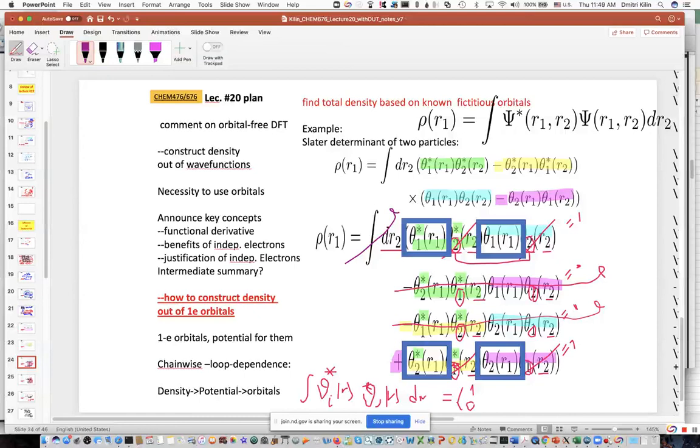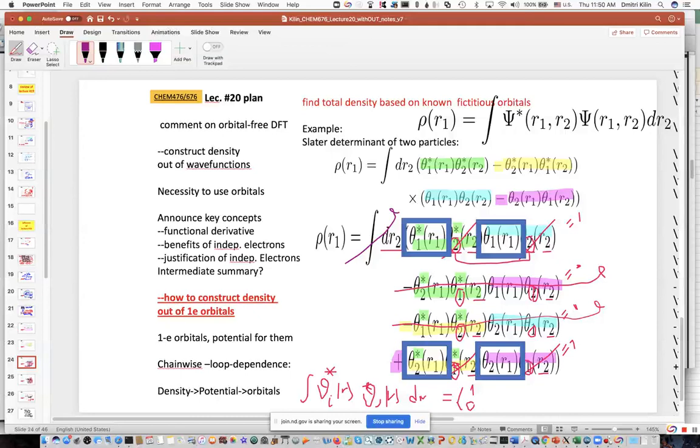Let me try to verbalize it, not by equations, but by words. So we scan over all available orbitals, and here the orbitals are only 1 and 2.